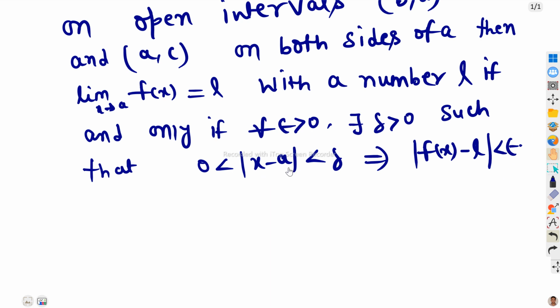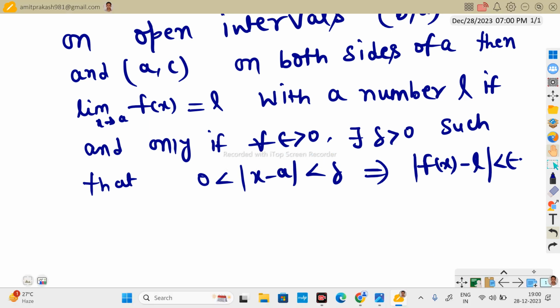Whenever x goes to the deleted neighborhood of a, the values of the function lie in the neighborhood of L. That is, as x goes closer to a from both sides but not equal to a, f(x) goes to L. Whenever this happens, we say that f(x) tends to L as x tends to a. This is the formal definition of a limit. We can understand it by the graph also.